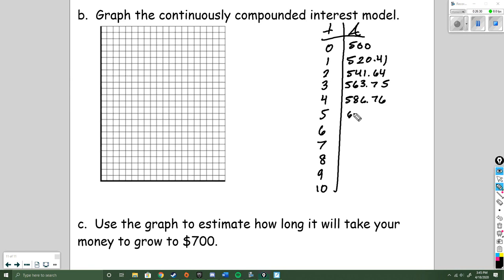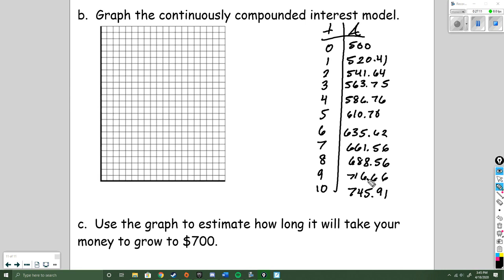I'm going to write down the rest of these values here. As we're approaching 10 years, we get about $745.91. So after 10 years, that would be earning interest of $245. That's not too bad.